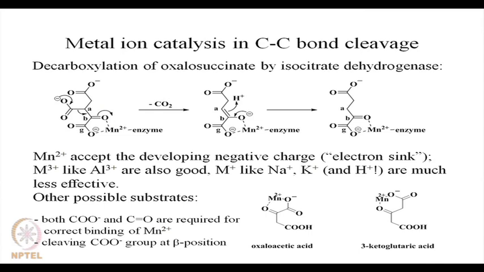Let us have one example: metal ion catalysis in carbon-carbon bond cleavage, the decarboxylation of oxalosuccinate by isocitrate dehydrogenase. It has Mn2 plus, and this is the enzyme part. So, Mn2 plus binds over here, I mean makes a bond, and then through this mechanism this bond breaks, and ultimately decarboxylation occurs.